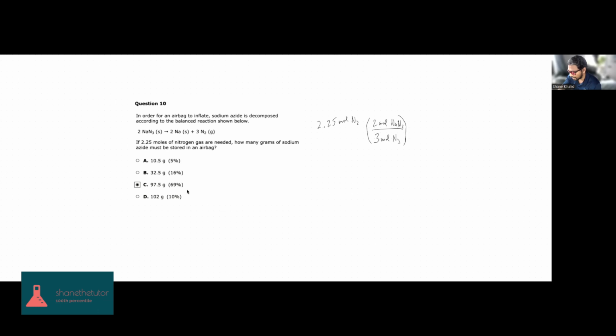And when we multiply these out, the moles of nitrogen gas cancel. So we have in our answer something that will be in moles of sodium azide. So now the question is, how can we do this math? This math of 2.25 multiplied by 2 divided by 3.